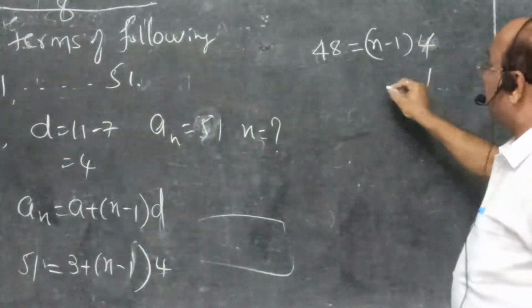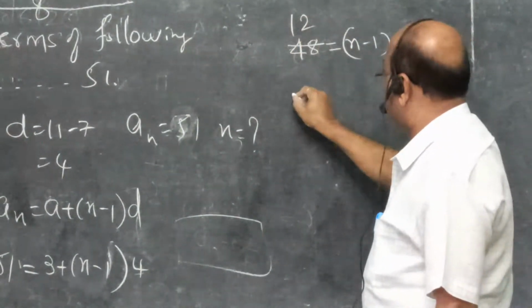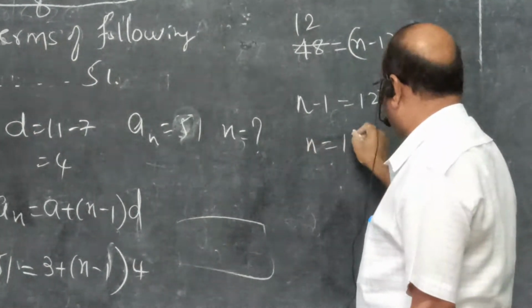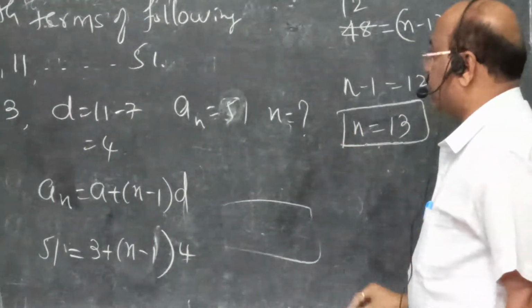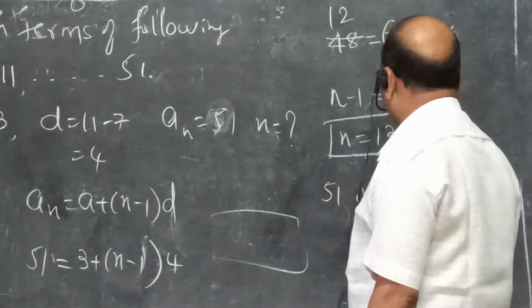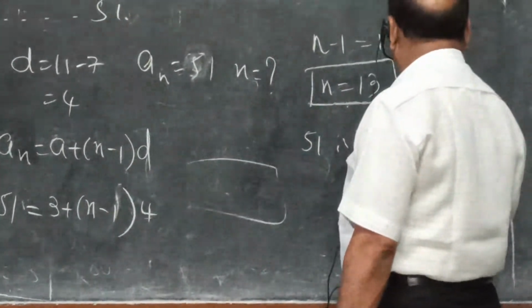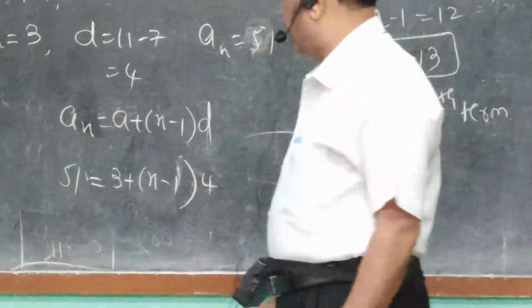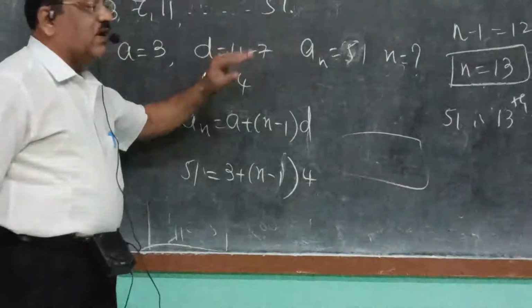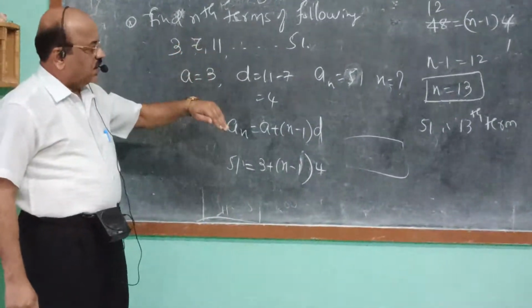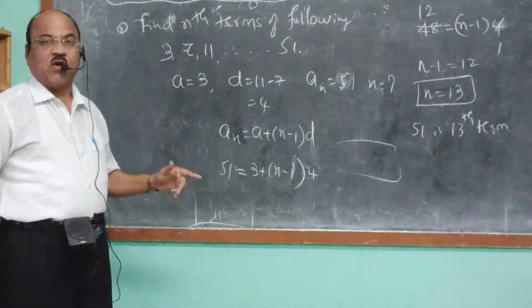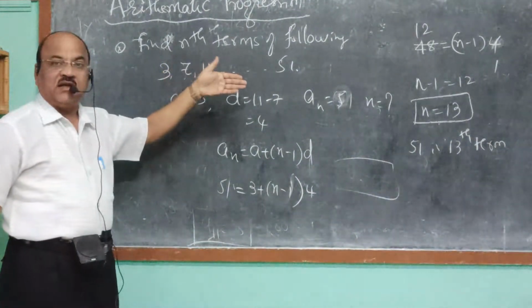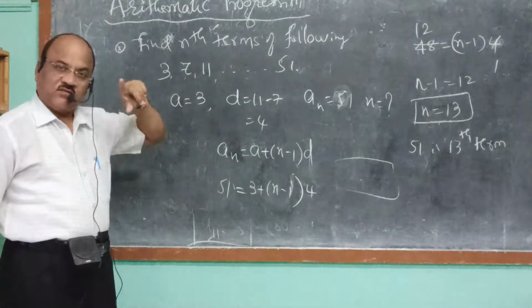Cancel here. 4 ones are 4, 4 12s are 48. So n minus 1 equal to 12, n equal to 13. That means 51 is the 13th term. So like this, if the last term is given, then we have to find out which term it is. Or the question may be like this also: how many terms are there in this arithmetic progression?